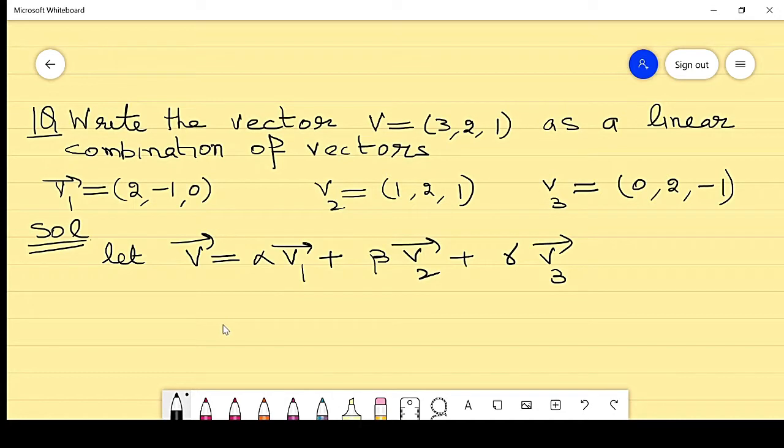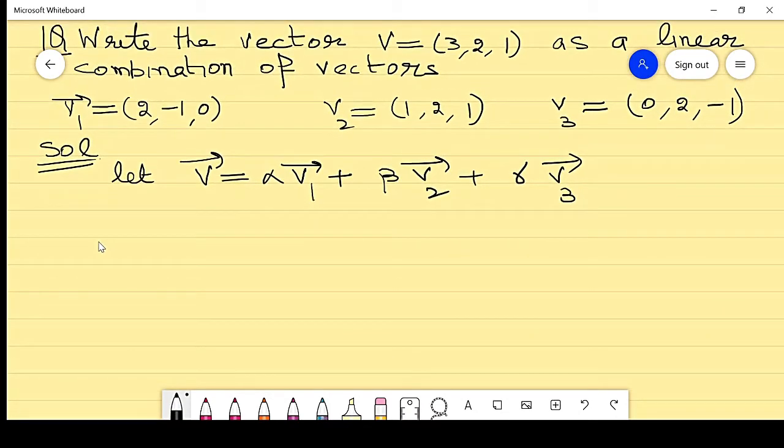So remember that alpha, beta, gamma are scalars. So this is the definition of linear combination. So from this definition, my purpose is to find the scalars alpha, beta, gamma.